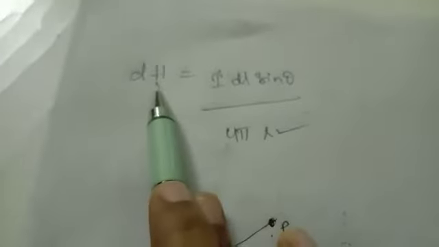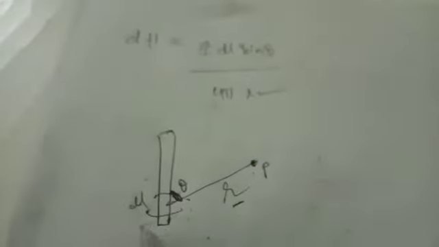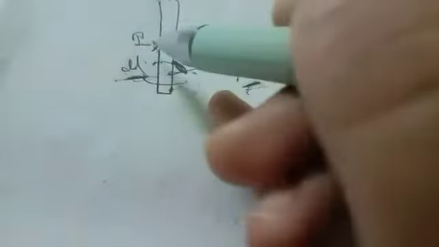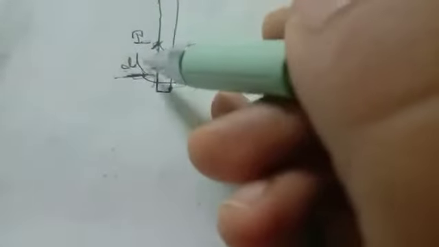In order to represent the magnetic field intensity as a vector quantity, we require 2 vector quantities. This is a distance vector, we know that, and the differential length is a scalar. We have to make this into a vector quantity, so we should have a direction for it. The direction of this differential length is nothing but the current flowing through the conductor. So the direction of the current represents the length direction.